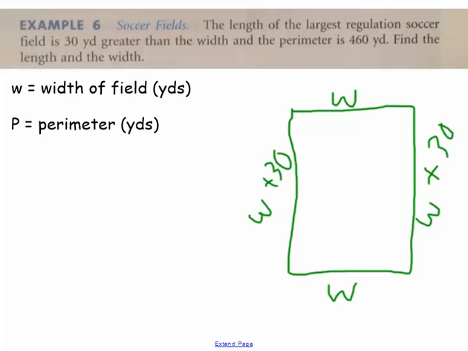Now I need to write the equation. Well, the perimeter is the sum of all the sides. So my equation is going to be perimeter equals w plus 30 plus w plus w plus 30. Let me write that now.